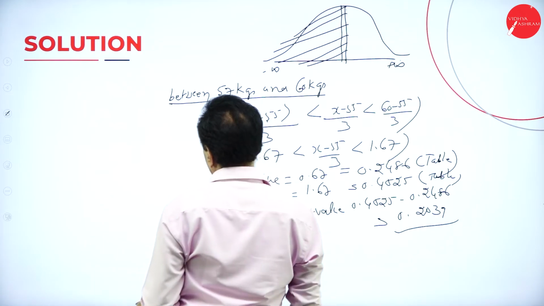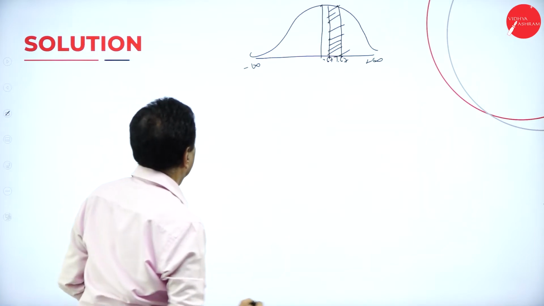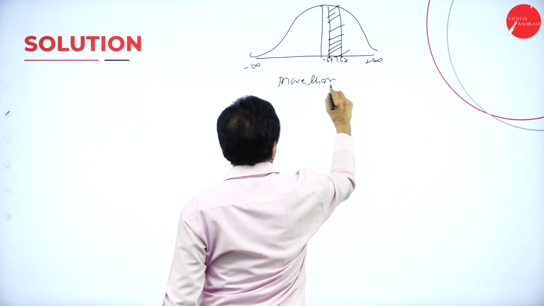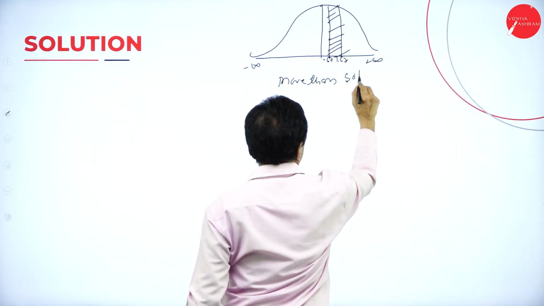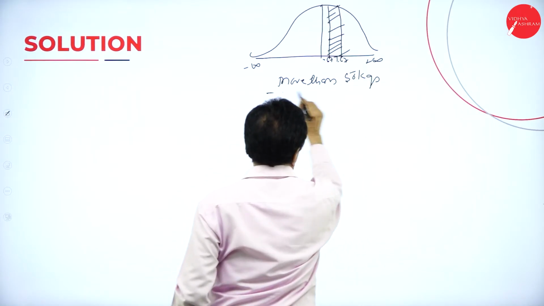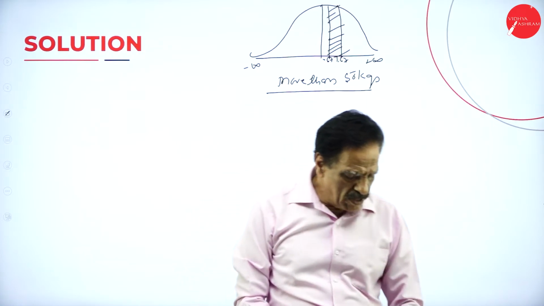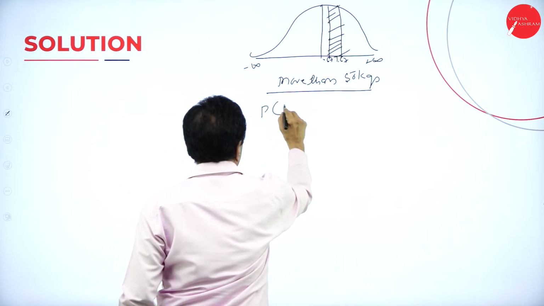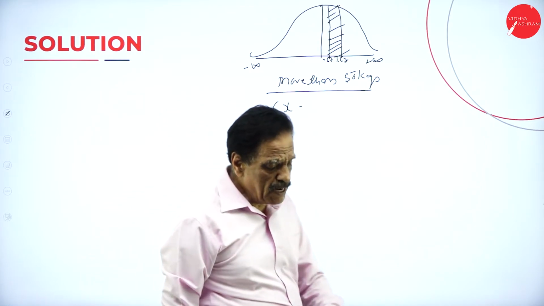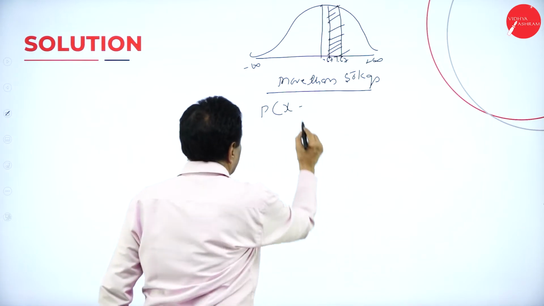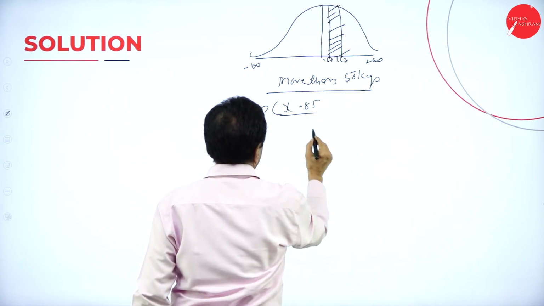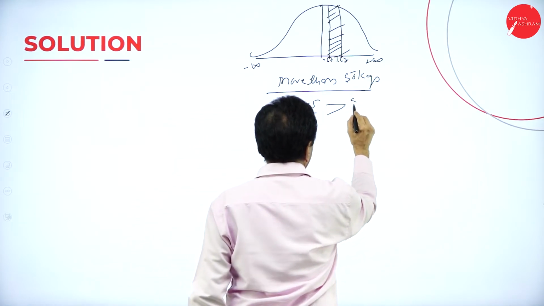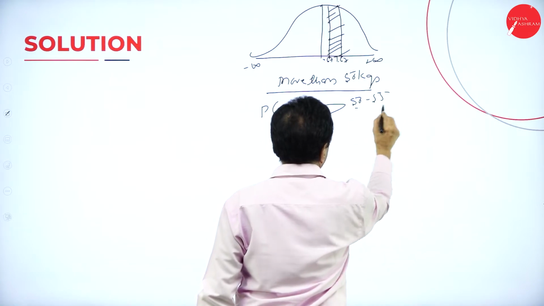Then, what is the next one? More than 50 kgs. So, P of x minus, what's the mean value? x minus 55 divided by 3 more than, what's the x value? 50 minus 55 divided by 3.